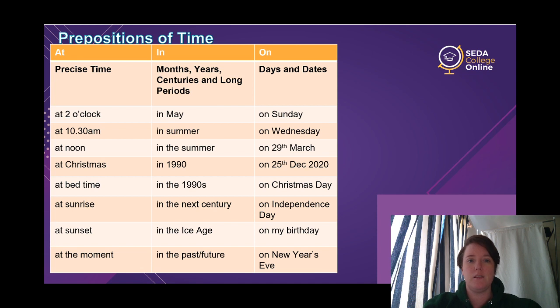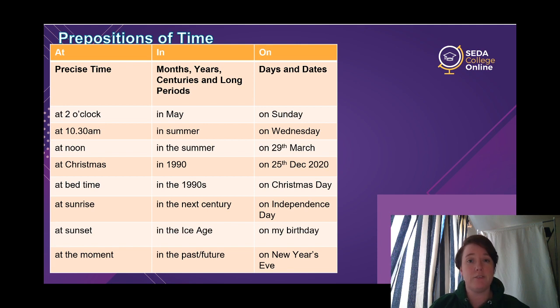Now, in. We use in for months, years, centuries, and long periods. For months by themselves, we use in May, in June, in July. In summer, when we're just talking about summer, we say in summer, and then we can say in the summer.